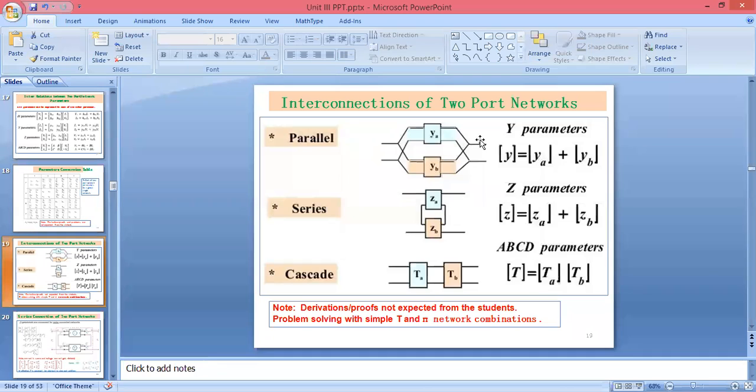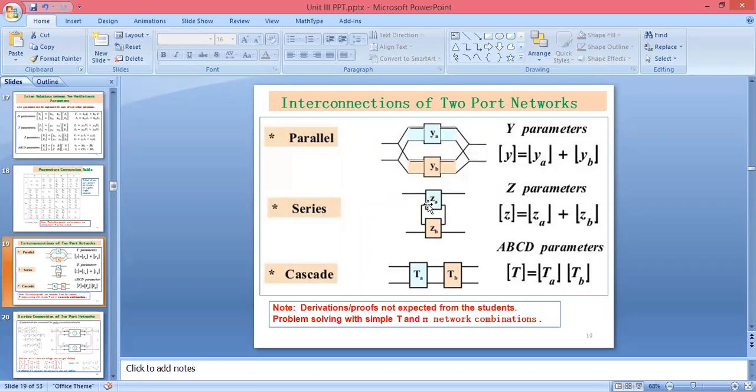So if we are interconnecting two port networks, at that time you will get the Y parameter if they are in parallel, and the value of equivalent Y will be the addition of these two, and we are taking this value in modulus form, so we are considering this value as positive. If there are Z parameters, we take the Z parameters which are in series.